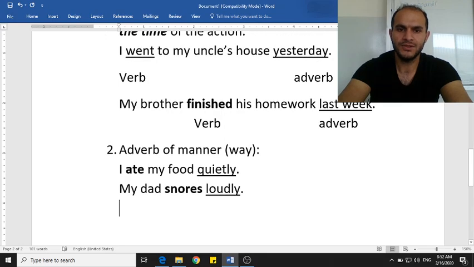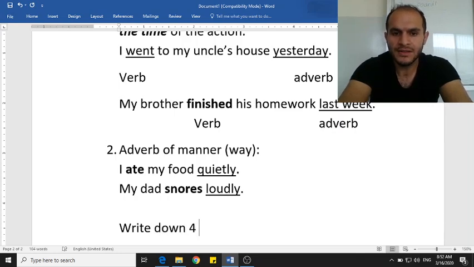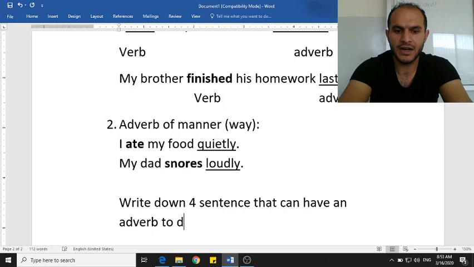Now I want you to work for 5 minutes, and I would like you to write down 4 sentences that can have an adverb to describe the verb.